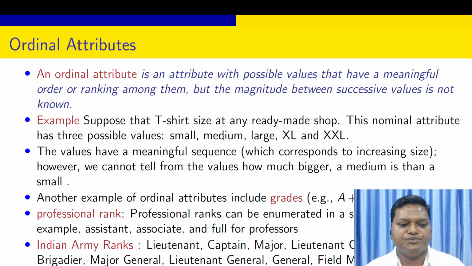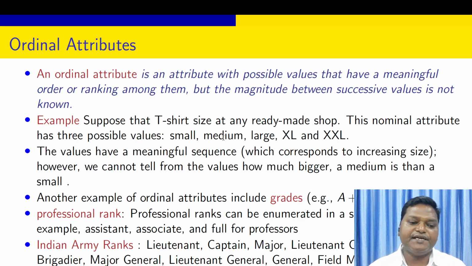Another example is professional rank in any college or university. Faculty are categorized as assistant professor, associate professor, professor, senior professor, full professor. For example, in our Indian Army, you take lieutenant, captain, major, lieutenant colonel, colonel, brigadier, major general, lieutenant general, general, field marshal.